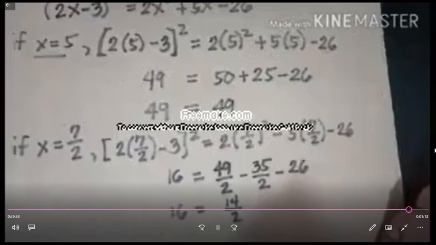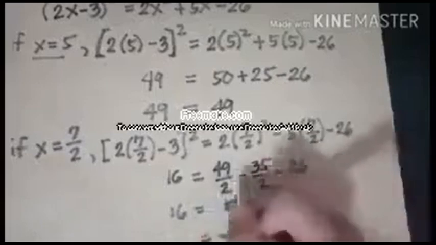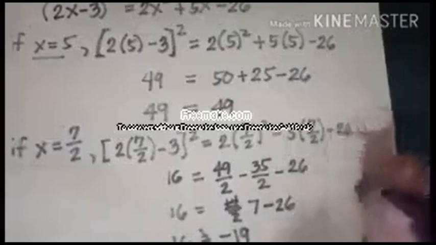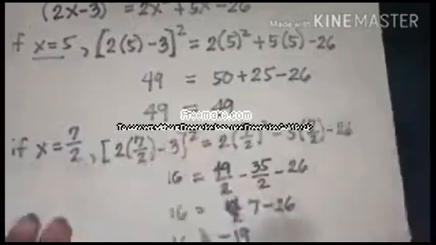Okay? So, 14 over 2 is actually 7. So, 7 minus 26. 7 minus 26 is what? We have negative 19. Since 16 is not equal to negative 19, that means 7 over 2 is not a real solution. It is actually an extraneous root.